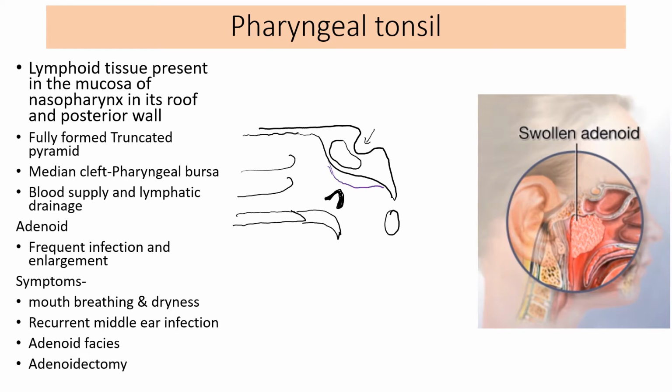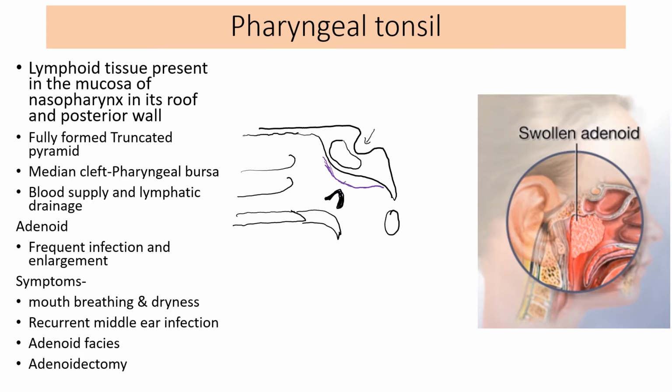Okay. So this is the free surface which I am drawing right now, and this is the base of the pharyngeal tonsil. The major portion is going to be lined by the respiratory epithelium, but at places patches of the non-keratinized stratified squamous epithelium can be found.